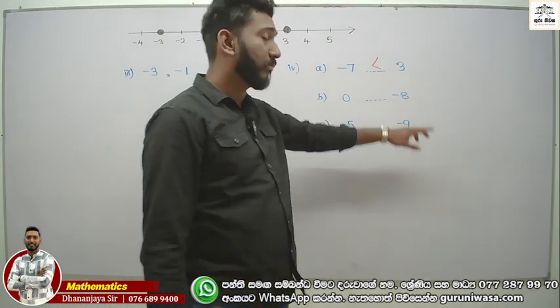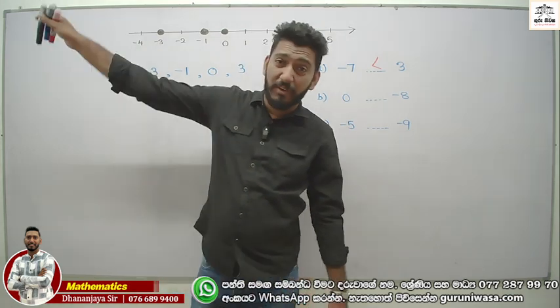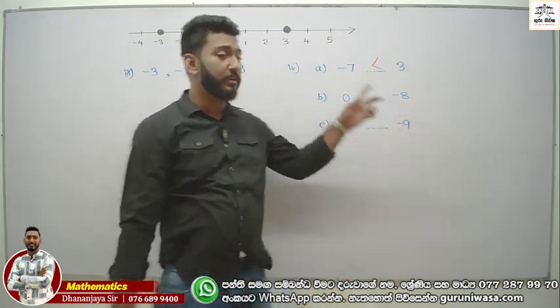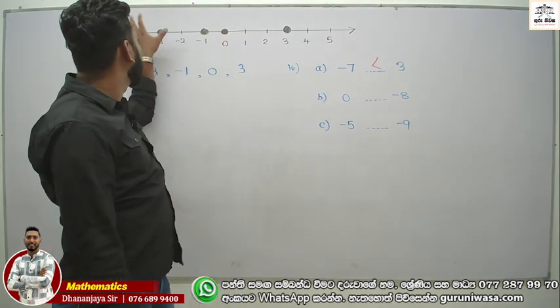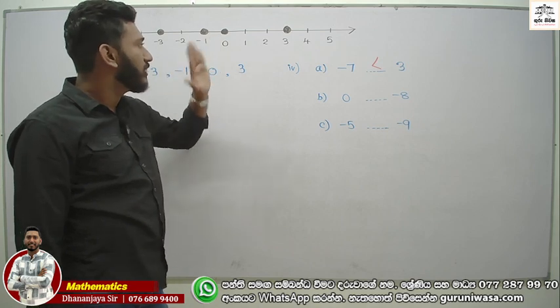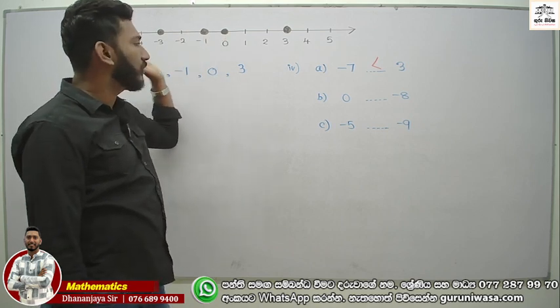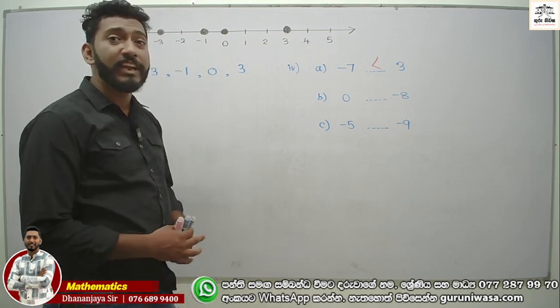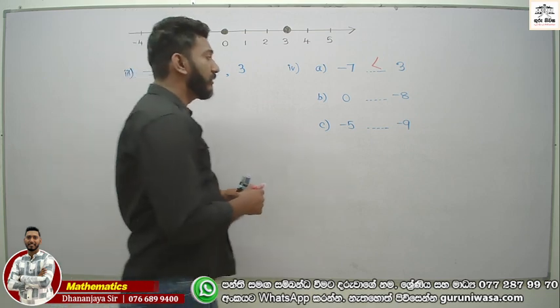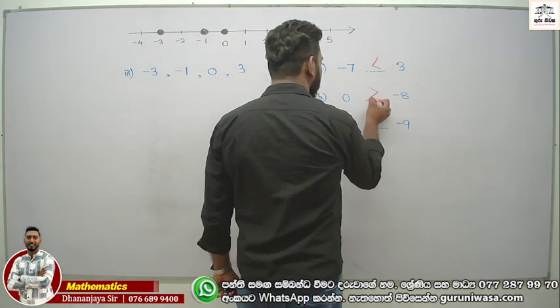Minus 8, left hand side. 0 is here. And every negative number is less than 0. 0 වලට වඩා පුතේ negative numbers හැමතිස්සෙම චූටි. ඒක තේරුම 0 is always greater than the negative numbers. එහෙනම් 0 is the greatest one.